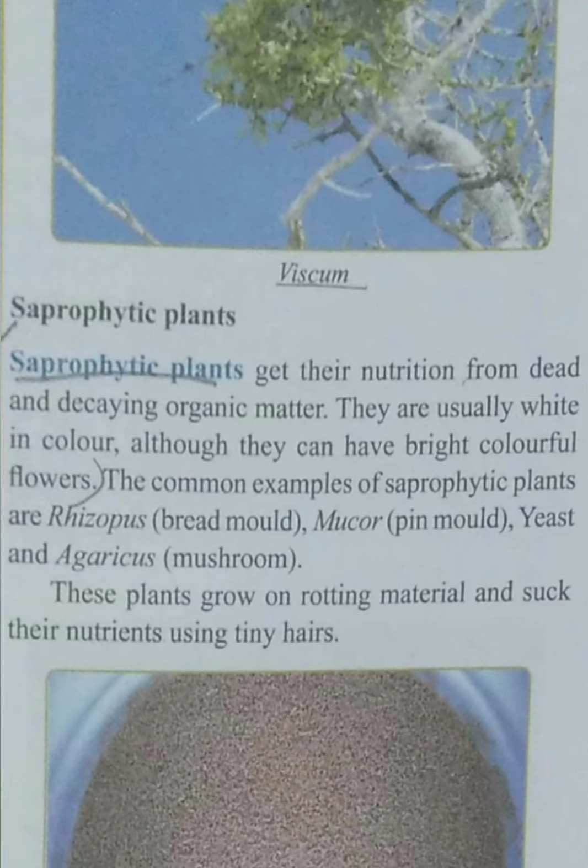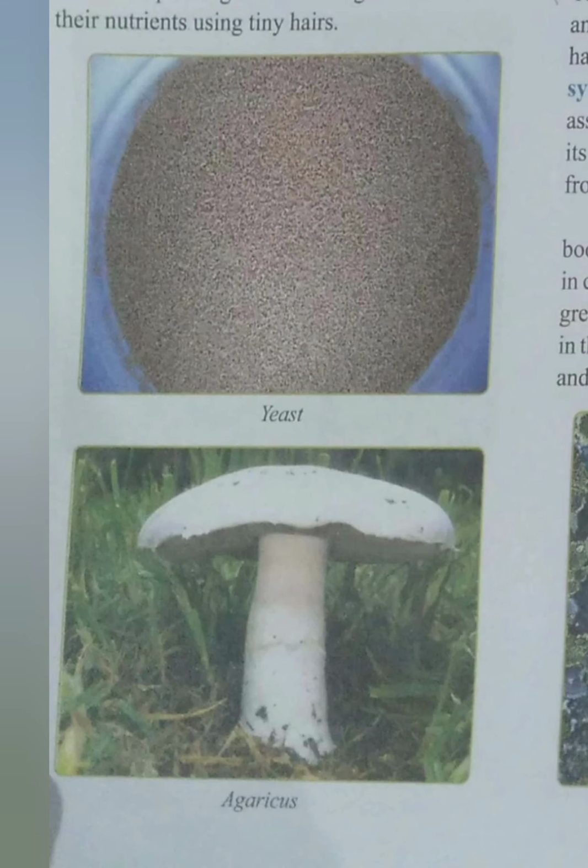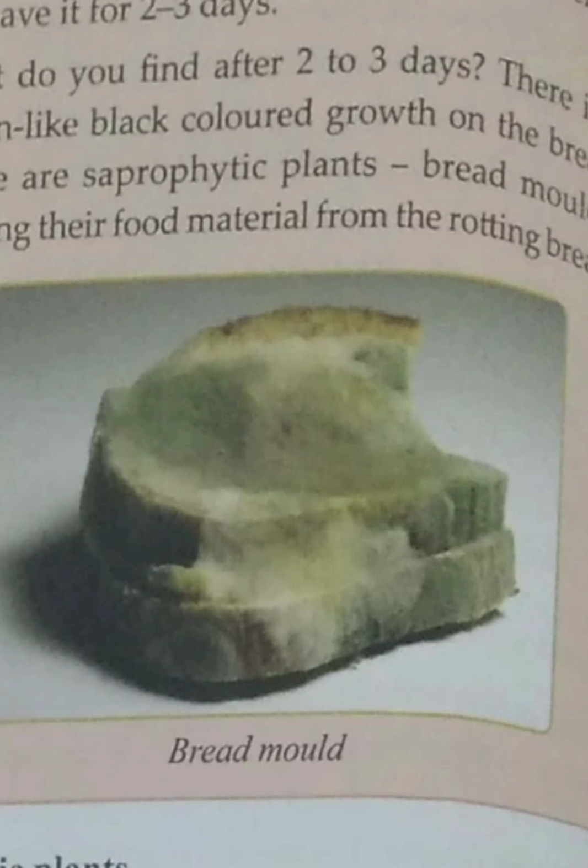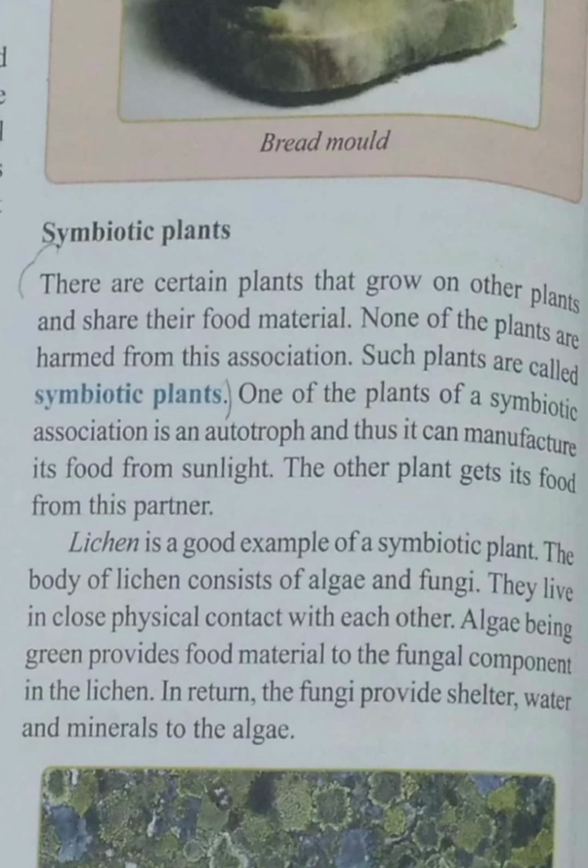These plants grow on rotten material and suck the nutrition using tiny hairs. As you can see, here is the yeast, which is an example of saprophytic plants, and mushroom Agaricus, which is commonly called mushroom. It is also an example of a saprophytic plant. And a bread mold is also an example of saprophytic plants.